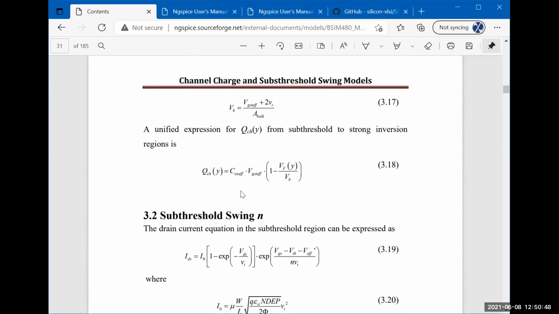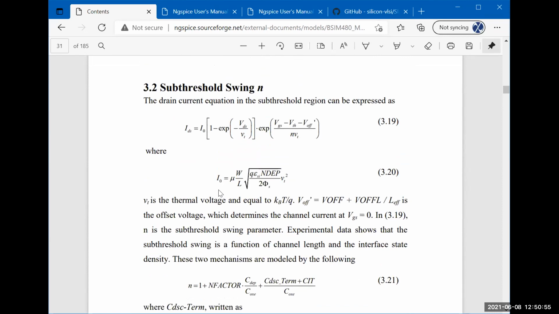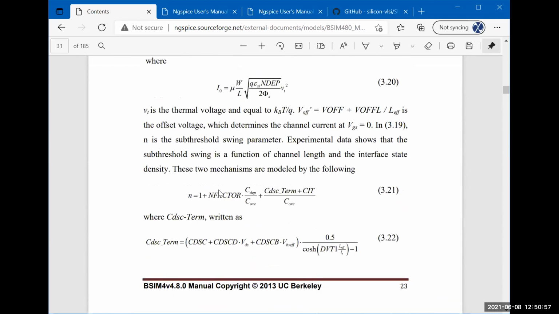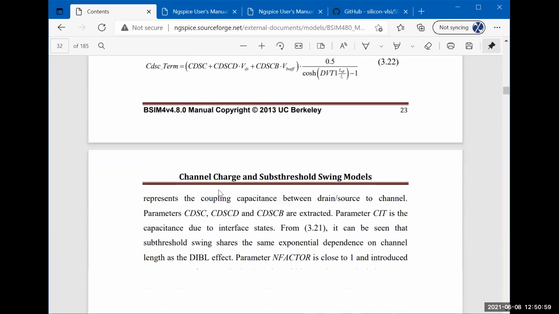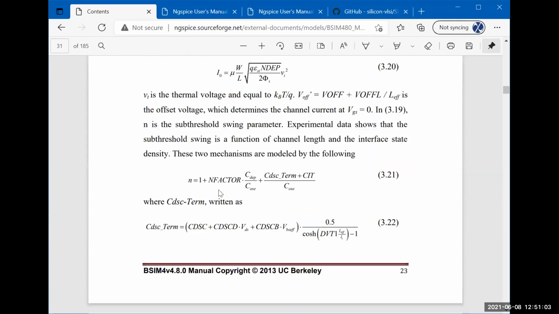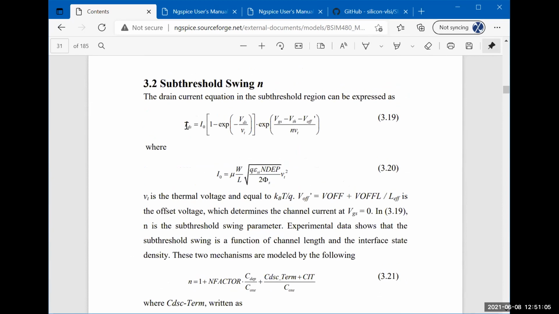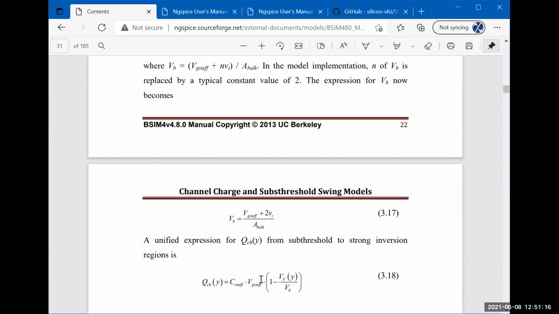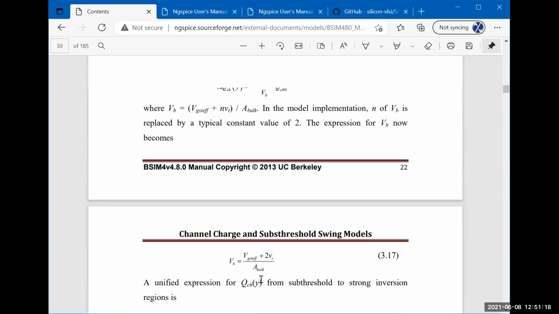So we take the simplest channel charge equation which we derive, but there are also a lot of channel charge equations with a lot of fitting which goes into this. And for the subthreshold, you can see we use this equation again, with a lot of fitting parameters in each one of them. The n is this big parameter here. Each of these has fitting parameters which are calculated on top here, and so on.